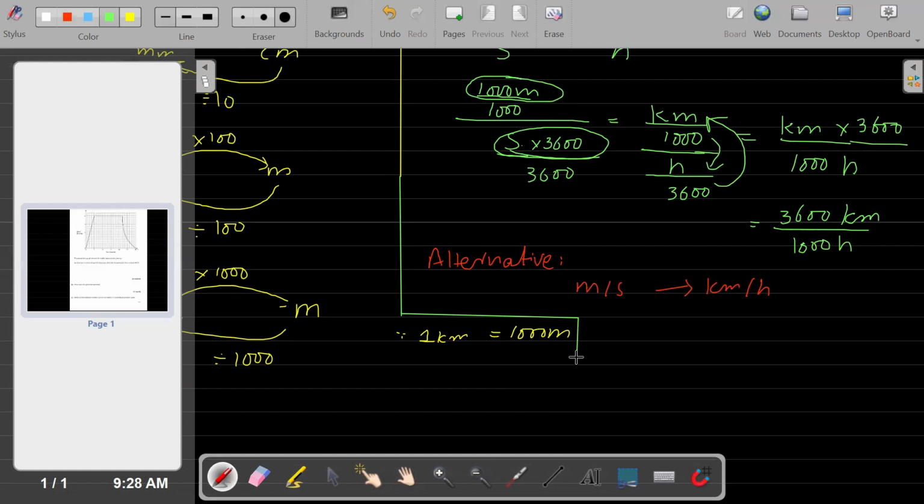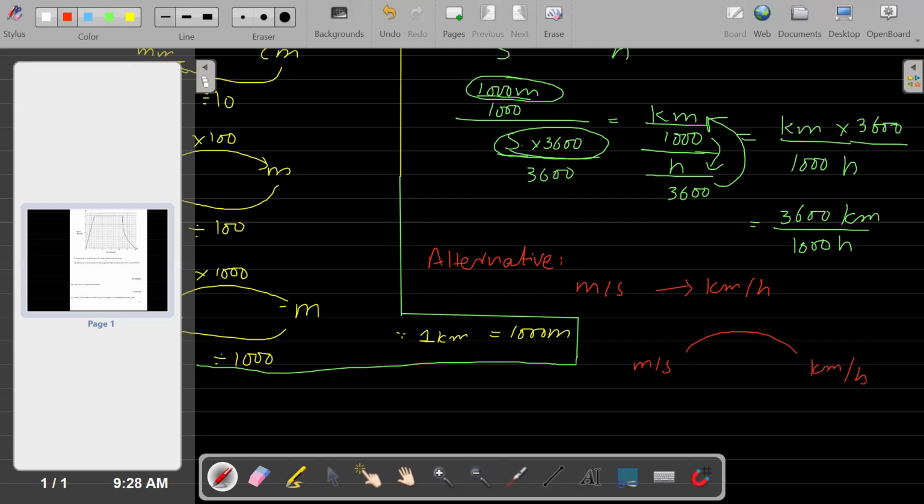One moment, Fatma. So if we want to move from meter per second, I'm going to make a pattern for you.